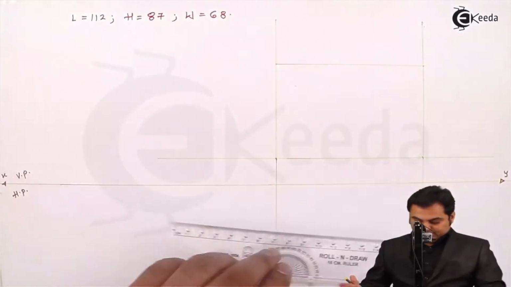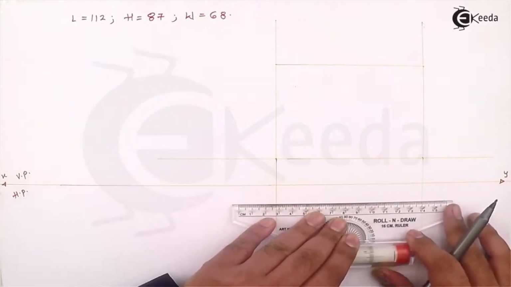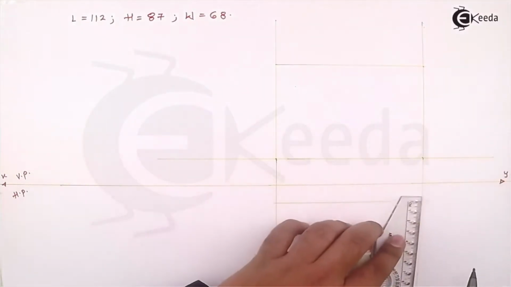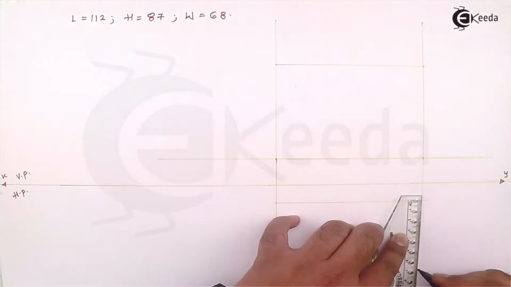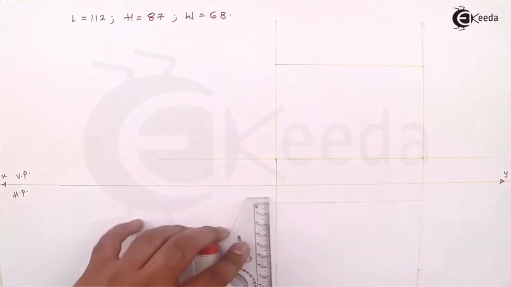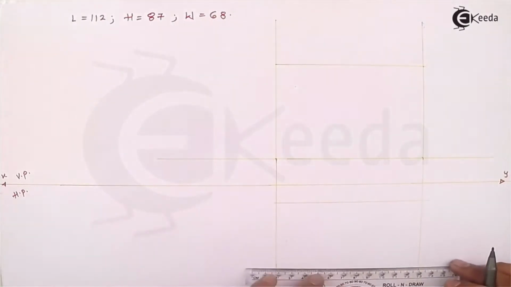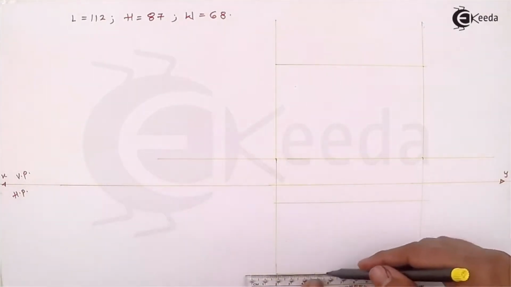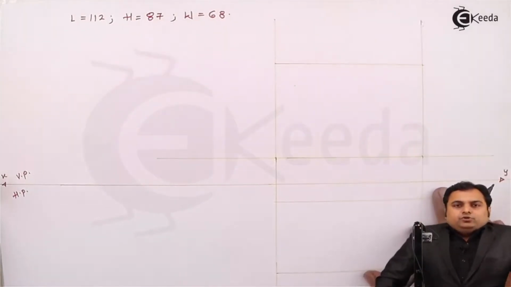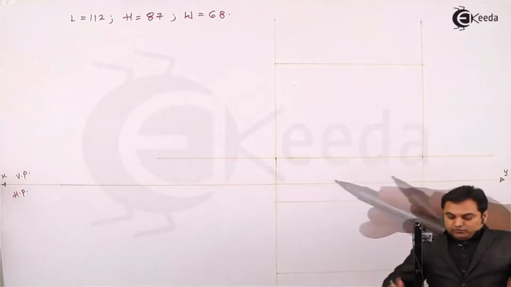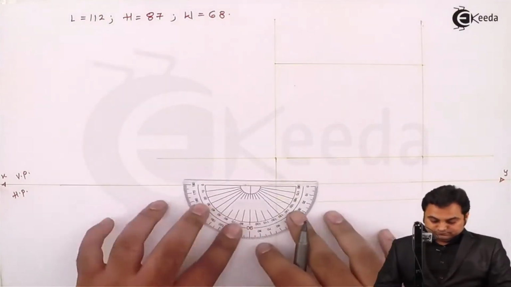Width is 68 mm. I'm marking 68 mm. Then in this rectangle, I'm going to draw the top view. For the side view, I'm taking an angle of 45 degrees.